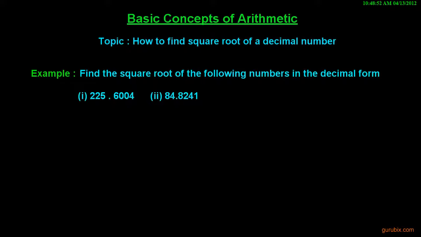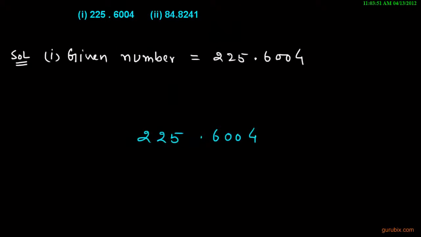And in this video we are given two decimal numbers and we have to calculate the square root of these decimal numbers by using the long division method. Now we shall start with part 1, and in part 1 the given number is 225.6004.